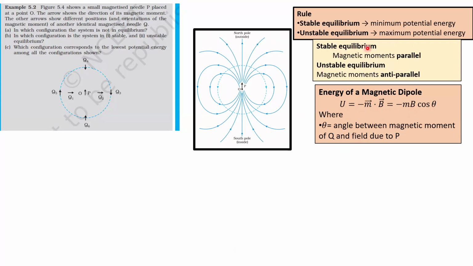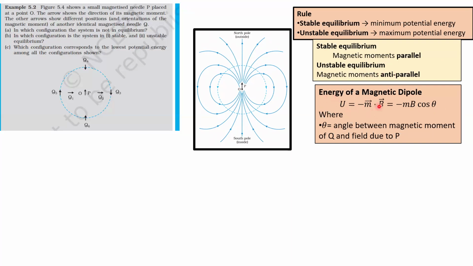Now, stable equilibrium is minimum potential energy. Minimum means the value should be negative. That is, the magnetic moment m is parallel to the magnetic field. When both are parallel, theta becomes 0, energy becomes minus mB. That is the minimum energy.